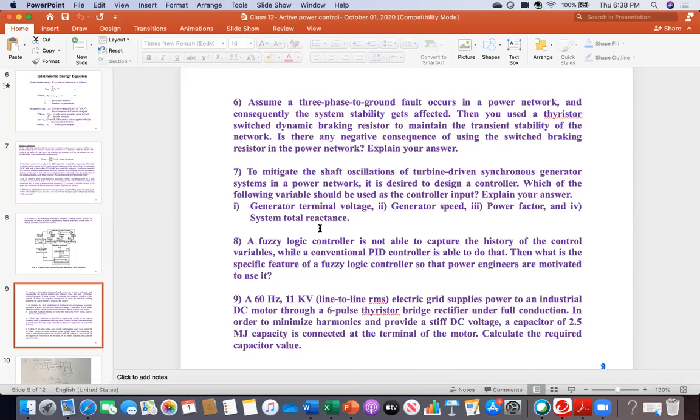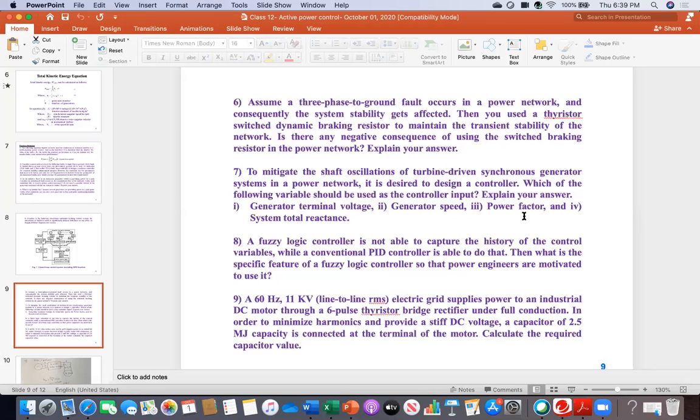If you consider system total reactance, that will control the reactive power. In this case, the issue is mainly that the oscillation is related to frequency. So the appropriate answer would be generator speed. Definitely system total reactance will help somewhat, but total reactance will control the reactive power.